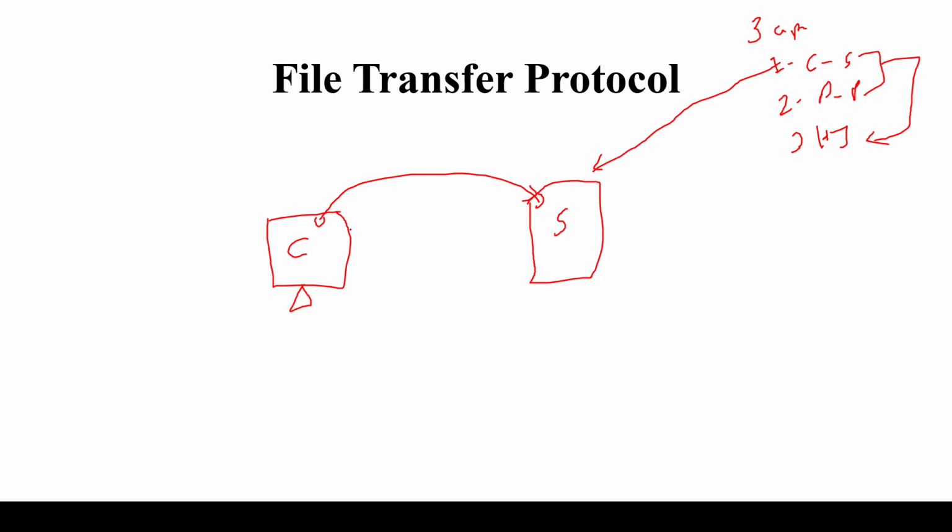FTP requires two types of channel. The first one is called the control channel, or we can say connection channel, and the second one is called the data channel, or data connection. So before you start implementing file transfer protocol, you have to understand the theoretical concept, right?